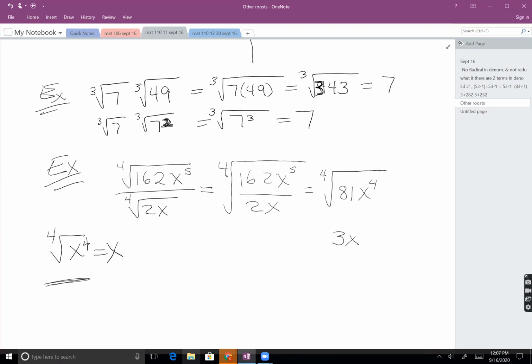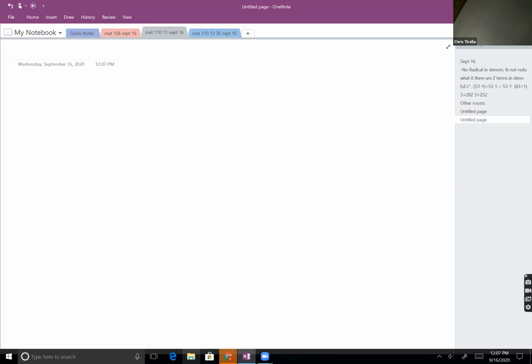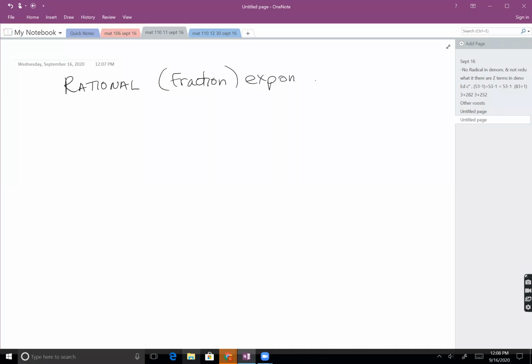Okay. Let's look at rational exponents. Rational or fractional exponents. What happens if I have x to the m over n?